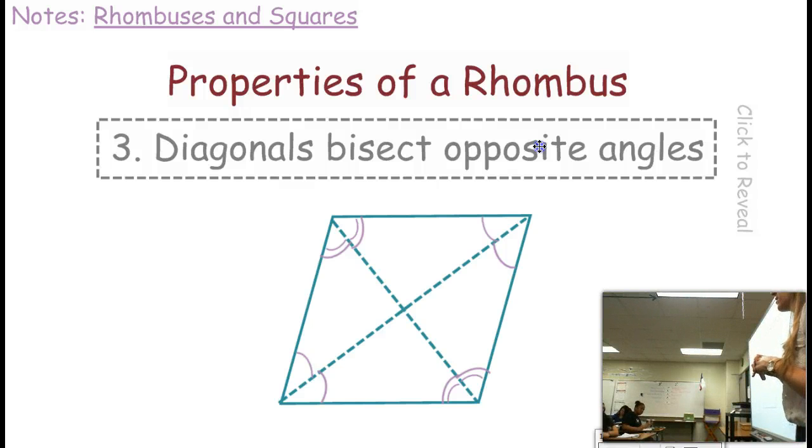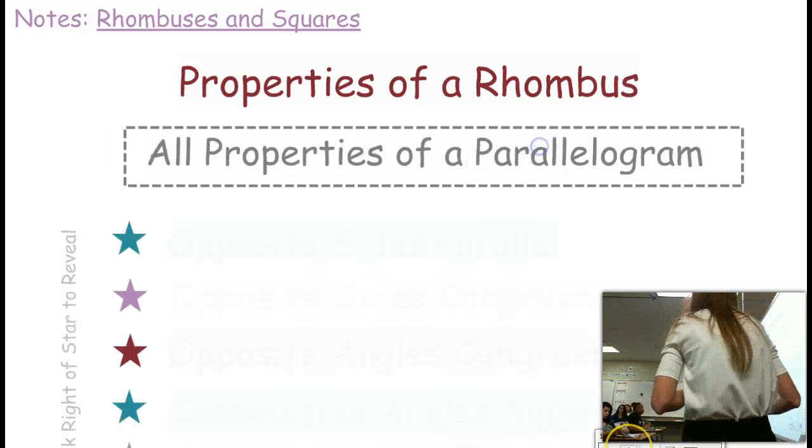Write it down, Megan. This is property 3. You can put opposite angles or you can just put angles. The diagonals bisect the angles, so the angles get cut in half. Okie dokie. Let's try them.